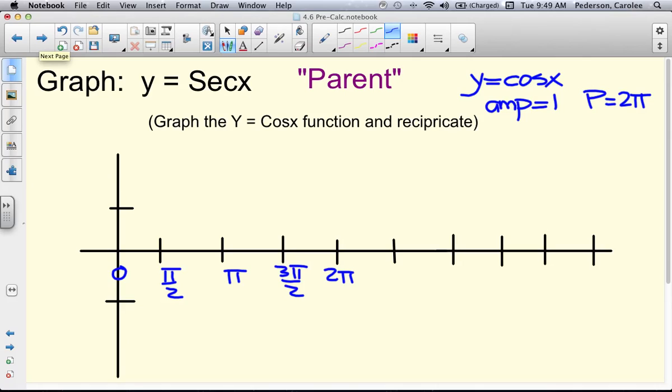So now we're over here at 4 pi. Halfway is 3 pi. Halfway again is 5 pi over 2, and 7 pi over 2. So I've now created my increments.